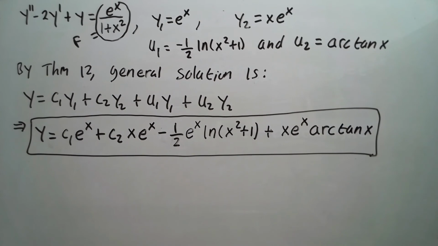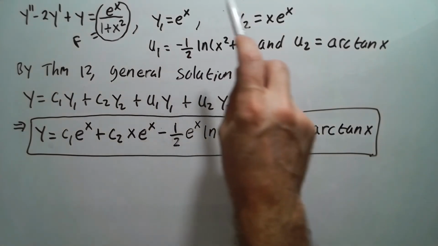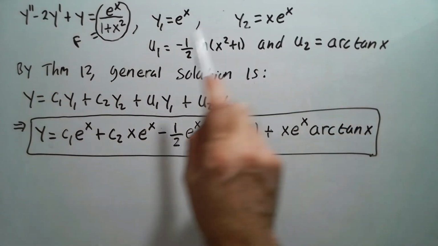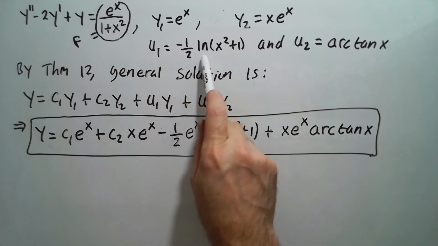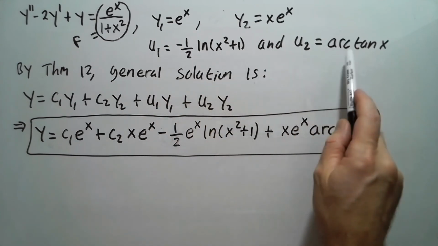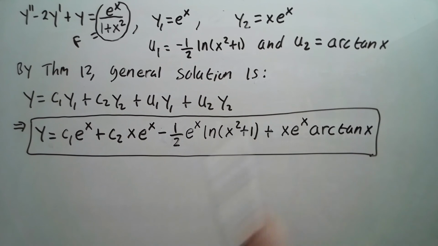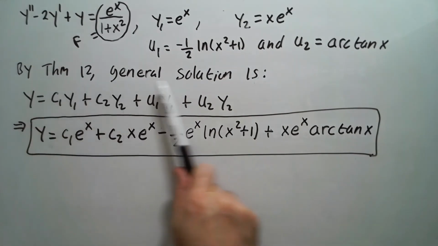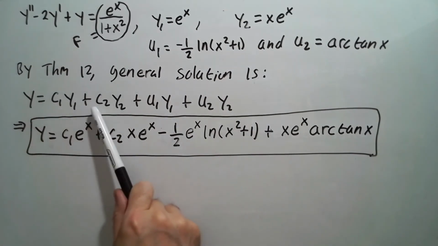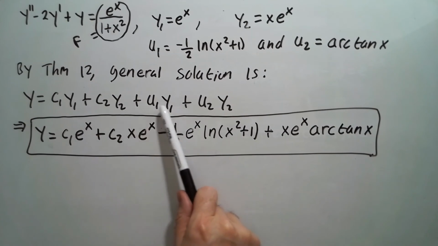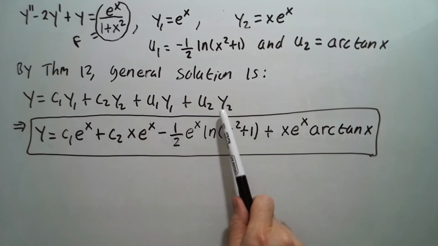Okay, so summarizing, we have our y1 is e to the x, our y2 is x e to the x, our u1 is negative 1/2 ln of x squared plus 1, and our u2 is arctangent. So by Theorem 12, the general solution is going to be c1 y1 plus c2 y2 plus u1 y1 plus u2 y2.